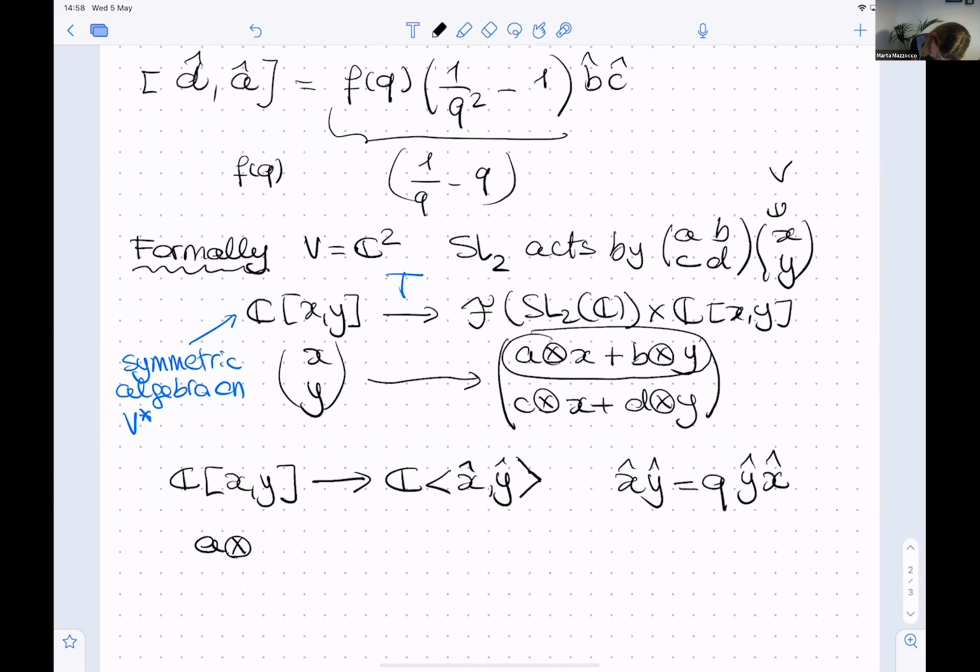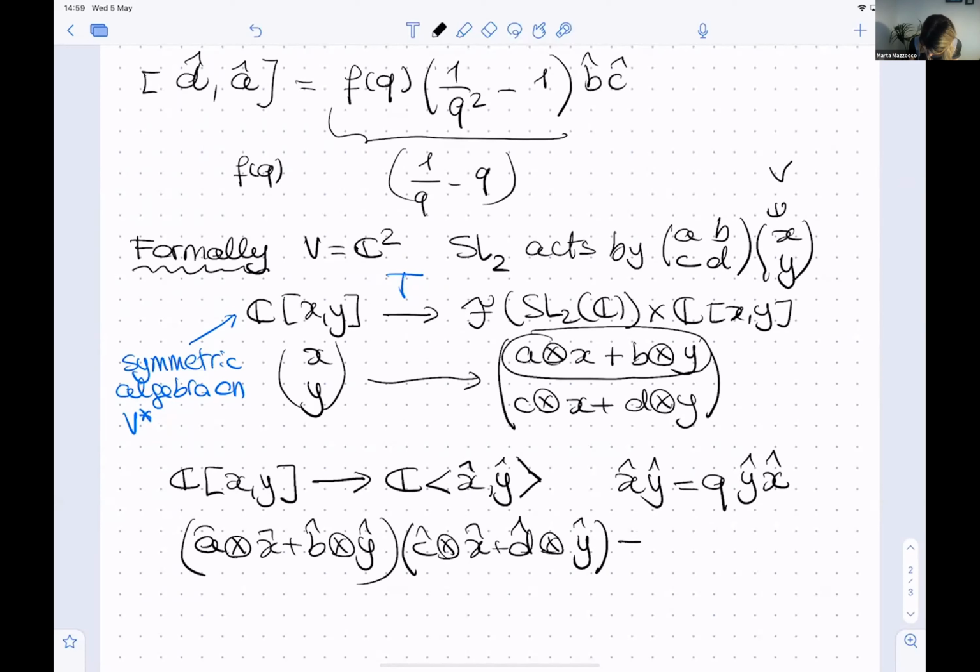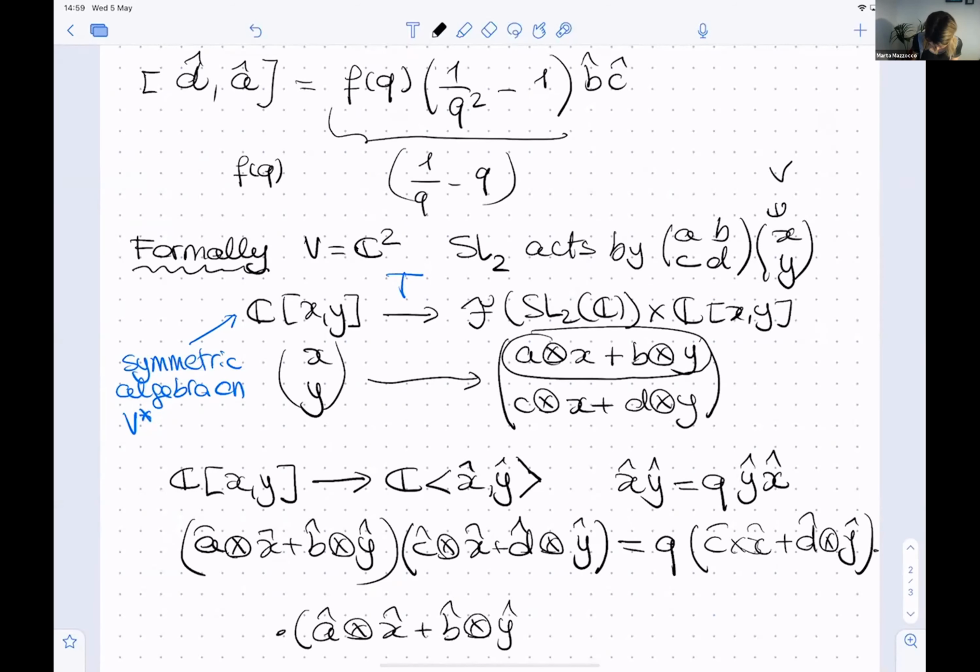that (a x plus b y)(c x plus d y) is equal, so this part will be equal to q y x, so (c x plus d y) times, sorry, times the last bit, (a x plus b y).